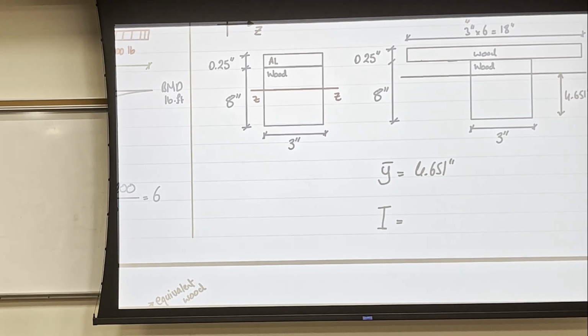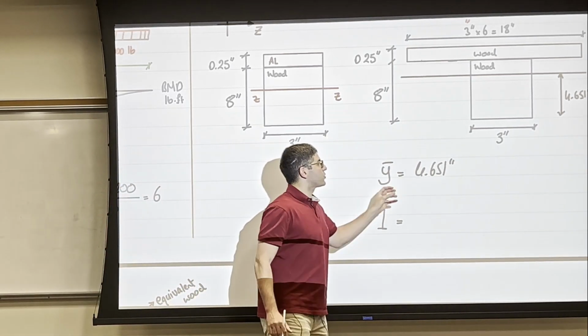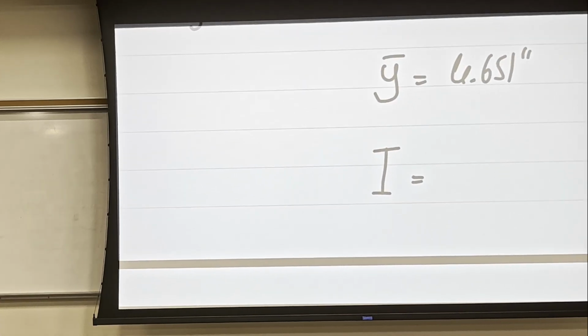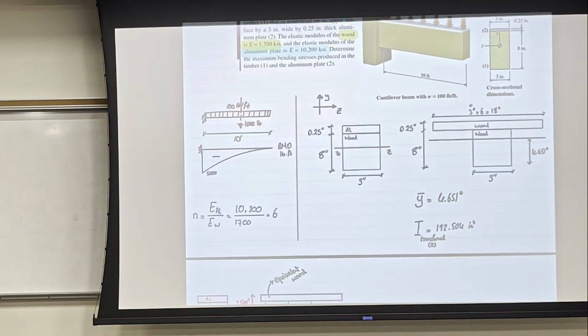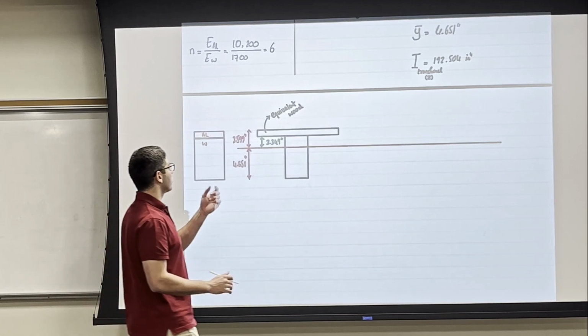And the moment of inertia for this transformed section, we call it I sub transformed, around Z, of course, is equal to 192.504 inches to the power 4.